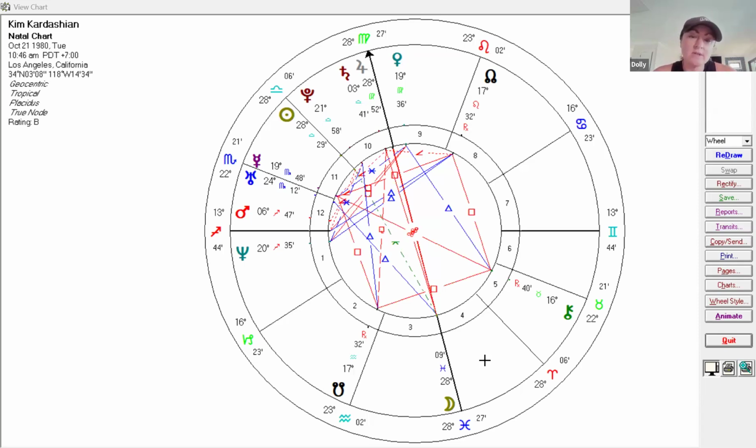I also thought it was kind of interesting that these two retrogrades are opposing her Saturn in Libra. And this is a little off topic, but if you don't know, Saturn represents our life lesson, and kind of unsurprisingly, Kim's life lesson in this lifetime is to learn how to do relationships.